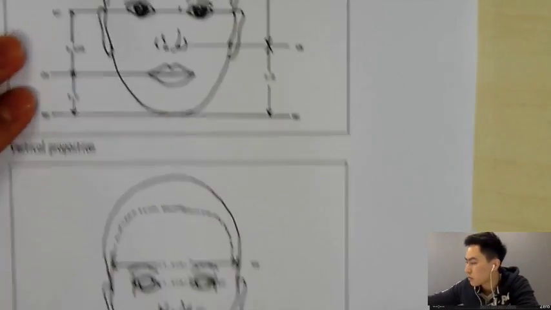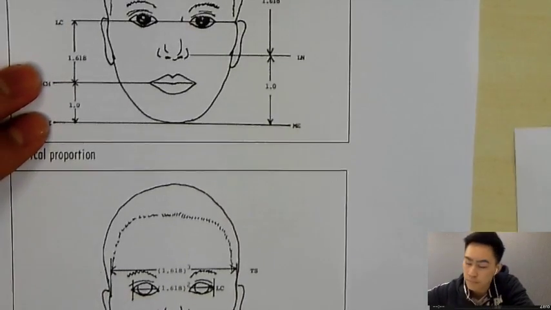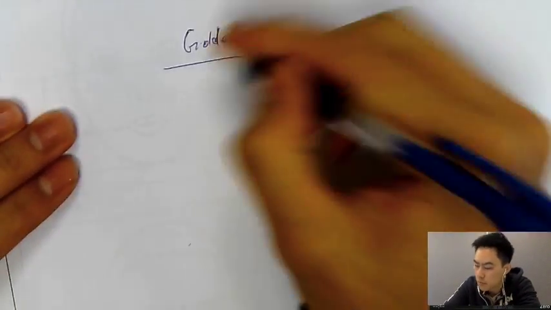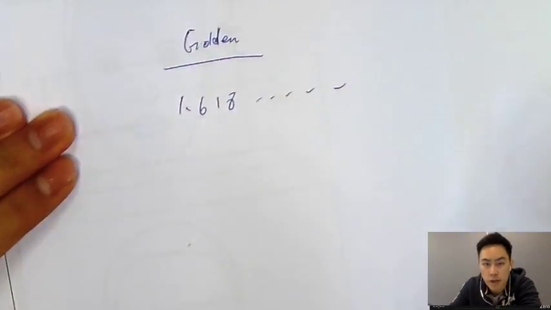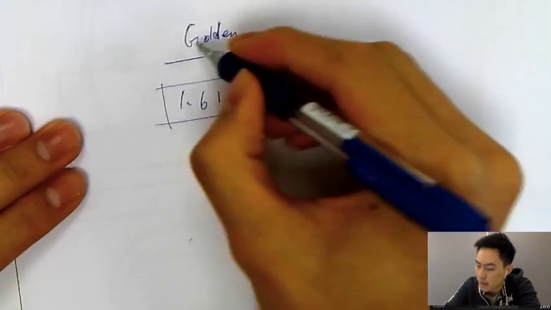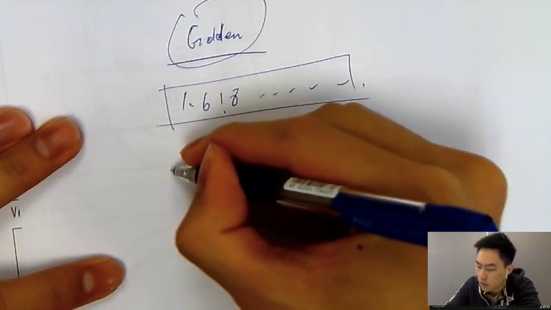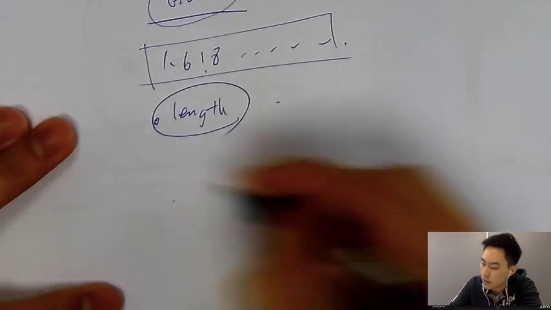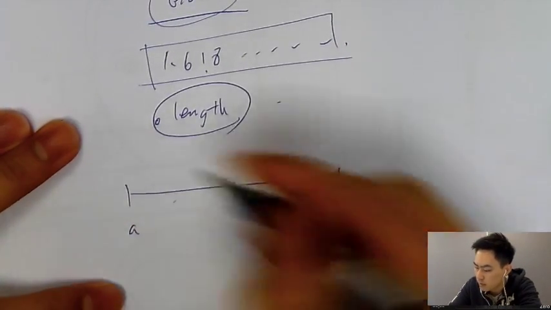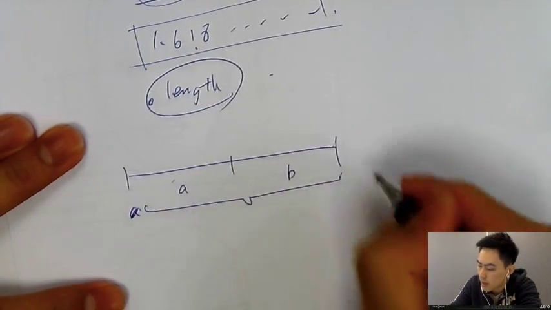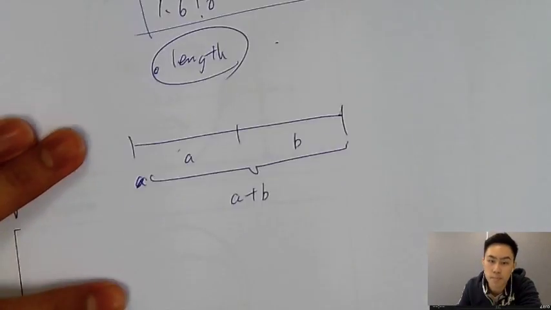So golden ratio, first of all, what does it mean by golden ratio, right? If you search online, then you have the number 1.618 something. So this is called the golden ratio. But the most important thing is what this ratio measures: it measures on the length. So let's say if I give you a length, this one is A, this one is B, you add up the total, it is A plus B, right?